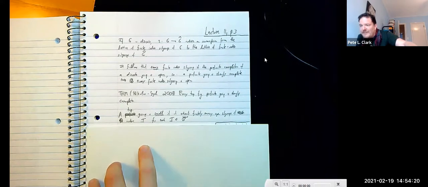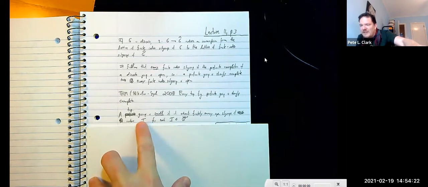Where am I going with this? So for instance, why is this a natural condition? If you apply this to the absolute Galois group of a field, then the absolute Galois group of a field is small if and only if, inside a fixed algebraic closure, your field has only finitely many separable extensions of any given degree. Okay, so that's a very natural condition.